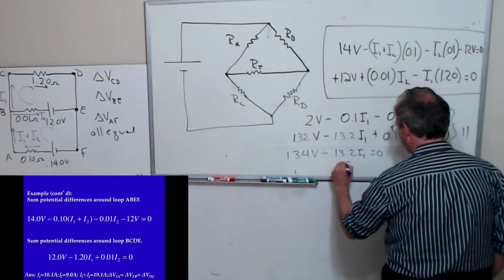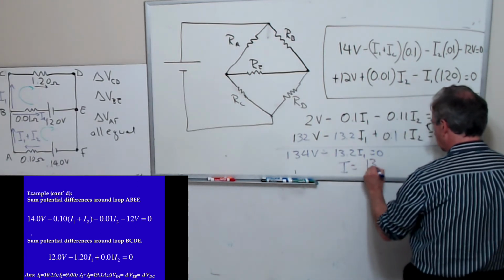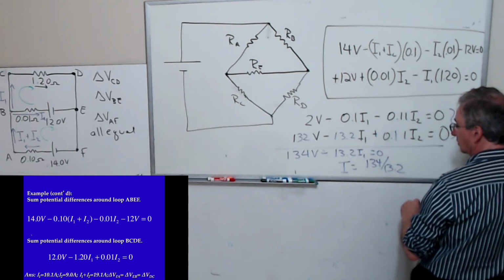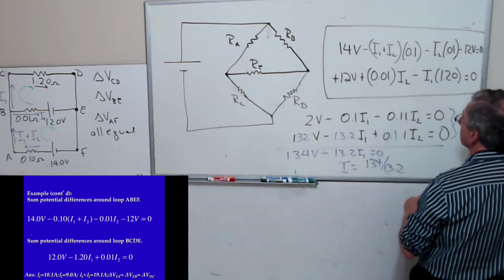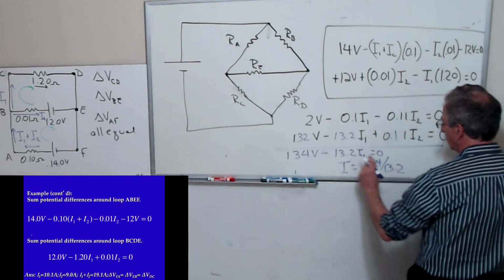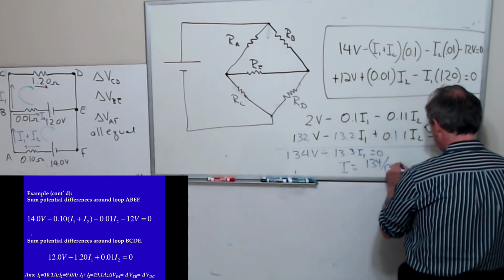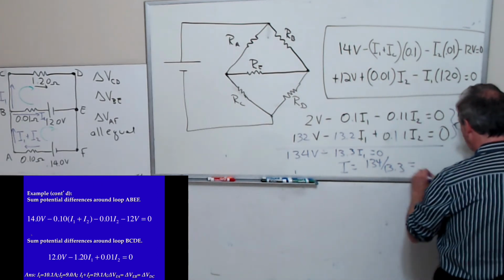So I1 is what? Wait, wouldn't it be 13.3 because you're adding two negatives? Oh yeah, geez, thank you. Okay, so when you do the math, you get 10.1 amps.